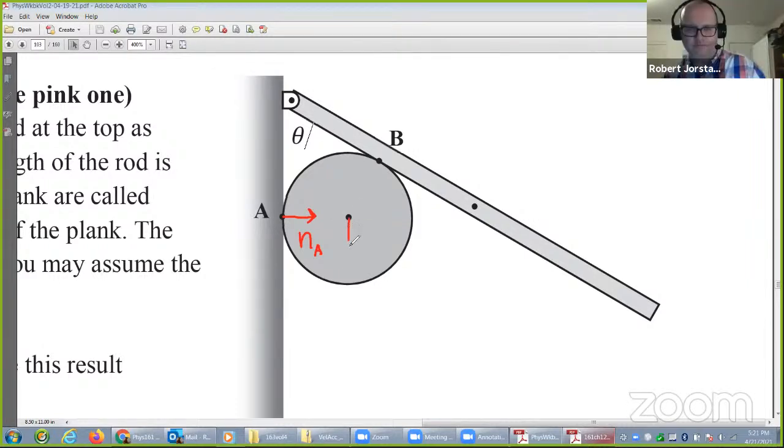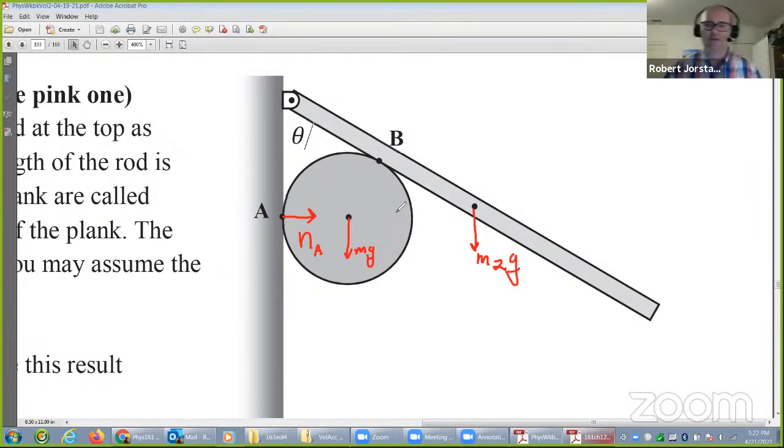Okay. And then same thing for the plank. I don't know which mg is which, so I'm just going to call them both mg. Normally we would label them. Does anybody know which one was the plank? Sorry, I've got to open my book again. M2 is the plank. Thank you. So that should be M2g, and that means this is M1g.